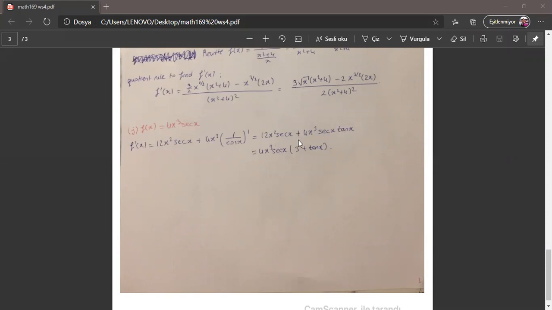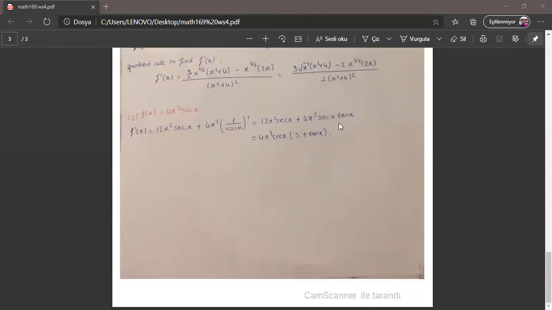Maybe you can memorize it to get the answers easily, but you don't have to. So finally you have this, and we write it in the parentheses of 4x to the 3 secant x. So you get this. Okay, this was the last question.